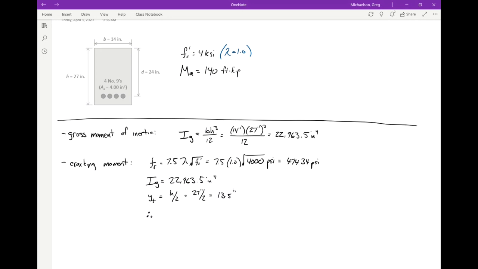So therefore, the cracking moment is FR times IG over YT. That's 474.34 PSI times 22,963.5 inches to the fourth, and then YT was 13.5 inches.